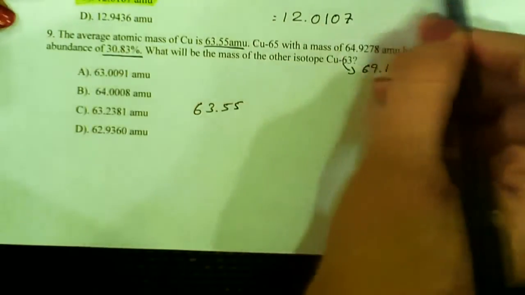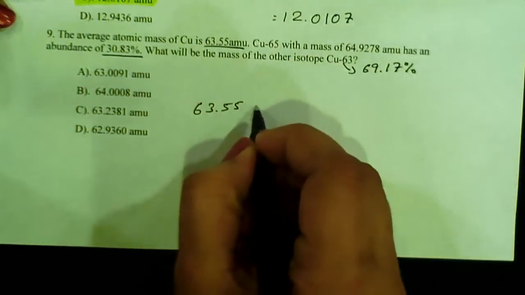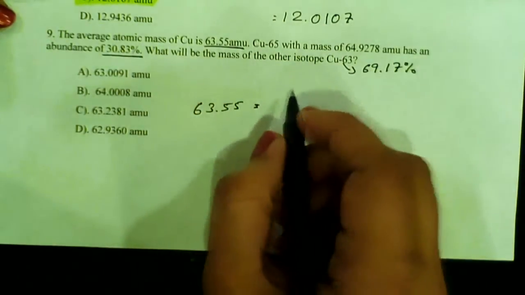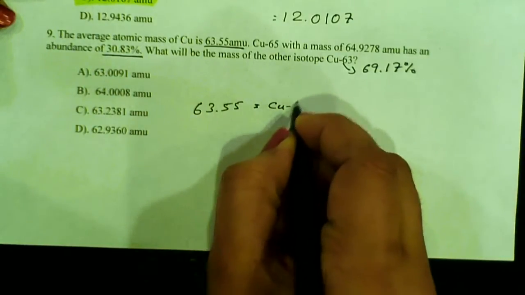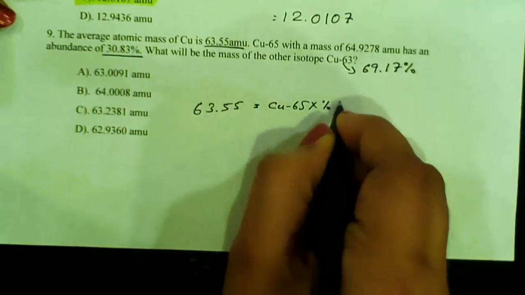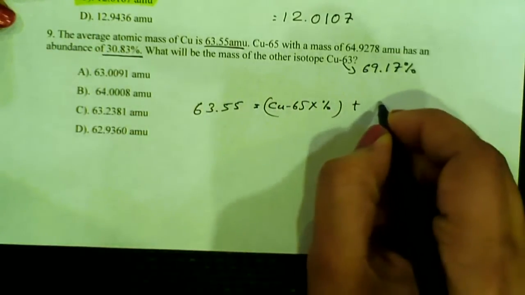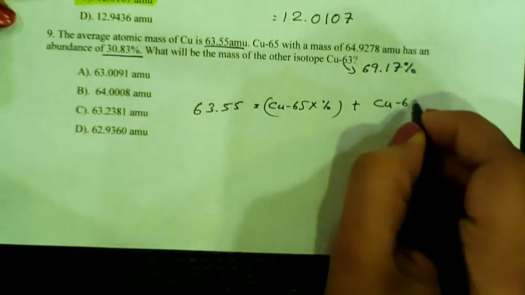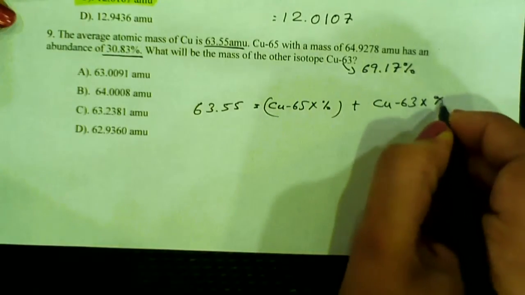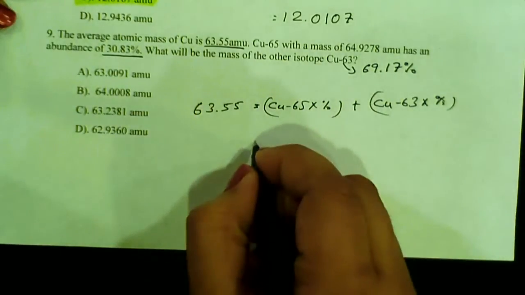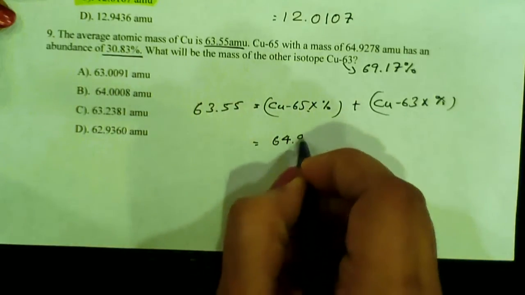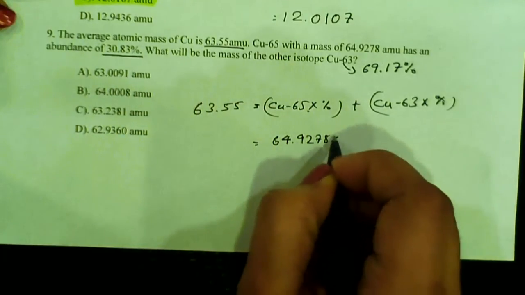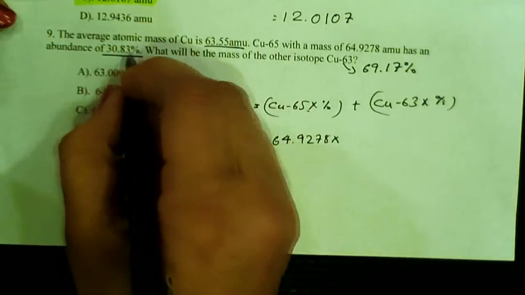So if we follow this equation, this 63.55 will be the mass of copper 65 times its percentage plus the mass of copper 63 times its percentage, where copper 65 has a mass of 64.9278 times its percentage, 30.83.